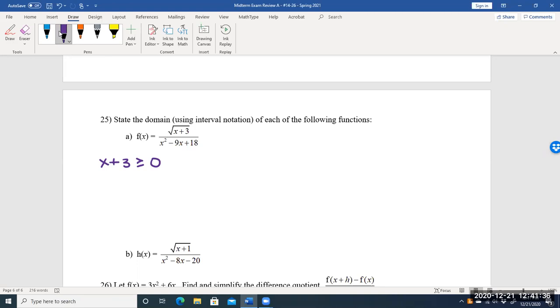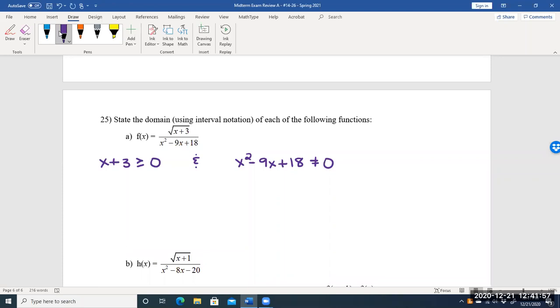That's because the square root of a negative number is an imaginary number. So we want only real number outputs. The other restriction is that the denominator cannot equal 0 because division by 0 is undefined. So for both A and B, we're going to write out that the radicand has to be greater than or equal to 0, and the denominator cannot be equal to 0.